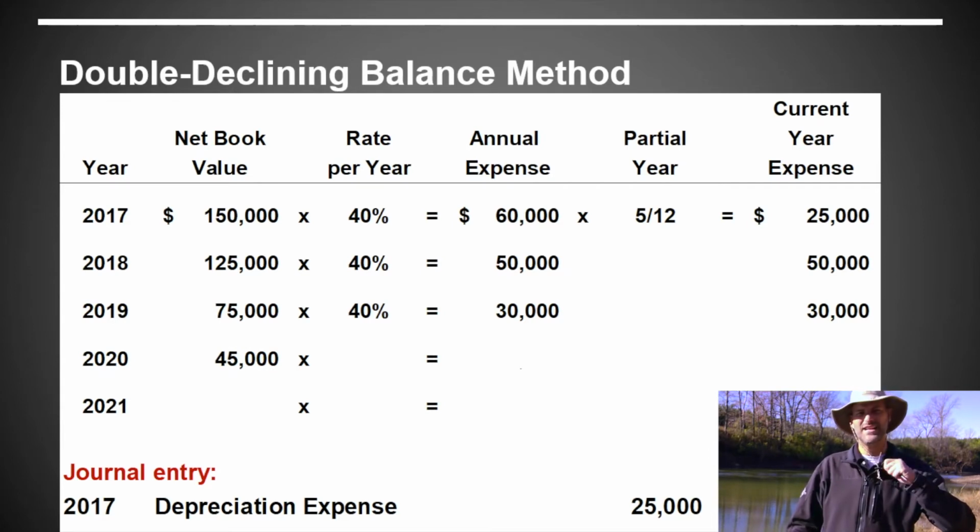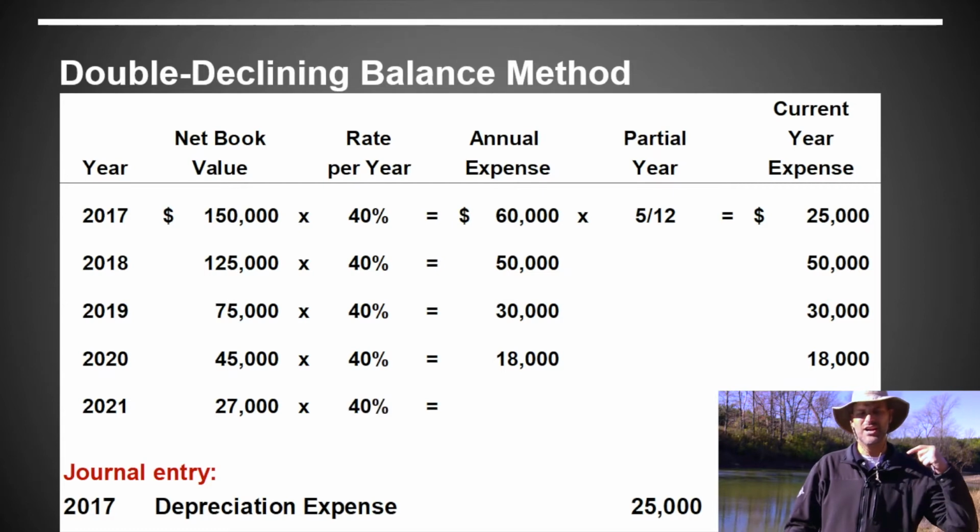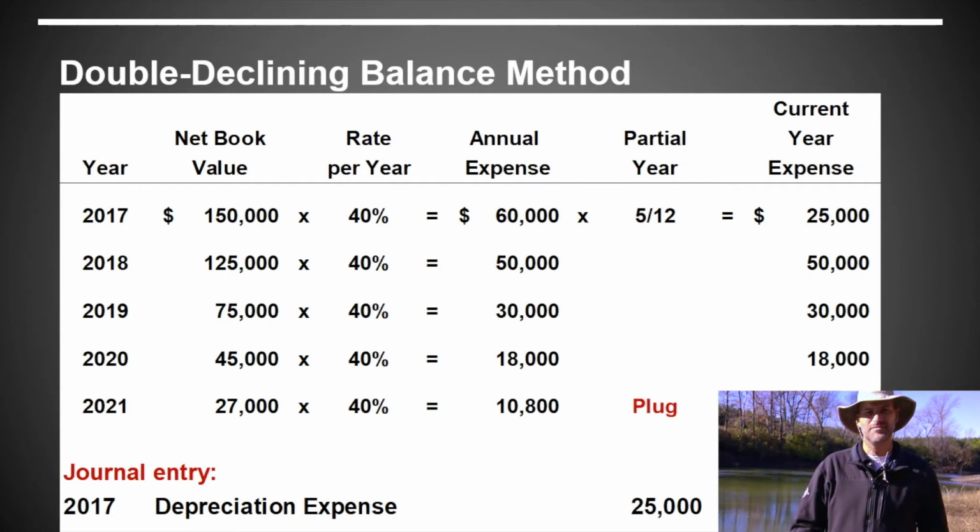The $45,000 times our 2/5 gives us $18,000. The $18,000, that's our expense. And in the last period, we have $27,000 left. Remember, our salvage value was only $24,000.